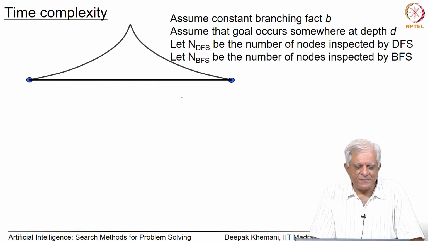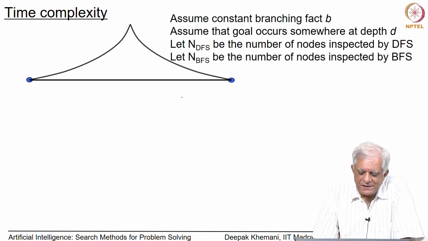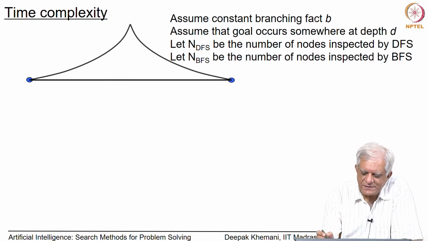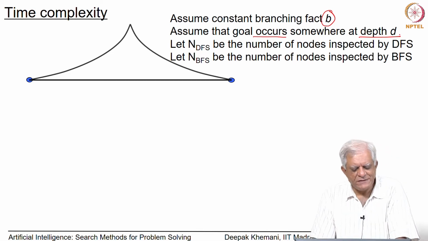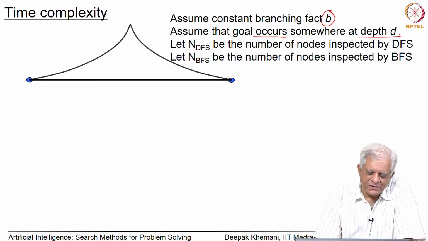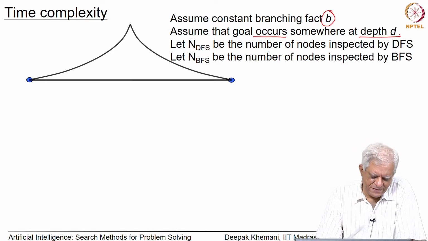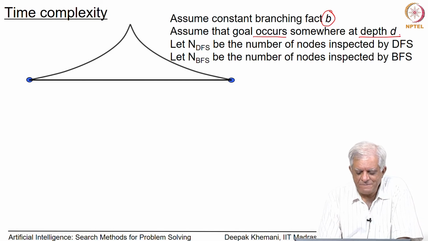Now, let us talk about complexity of the two algorithms. We assume a constant branching factor b, and we assume for simplicity that the goal node occurs at depth d. So, this figure on the left shows the search space generated and the goal node occurs at the last layer, and let us, for the sake of calculation, assume that it either occurs at the left end of this tree or at the right end of this tree.